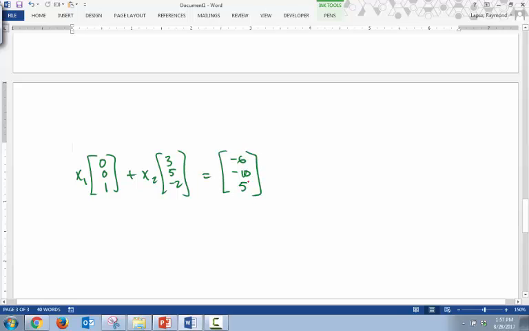So this is your vector equation, right? And then right now this is a linear combination of those vectors. We can write this as x1 a1 plus x2 a2 equals b.